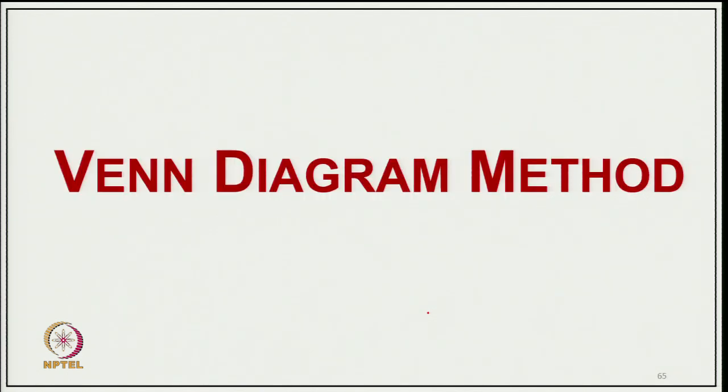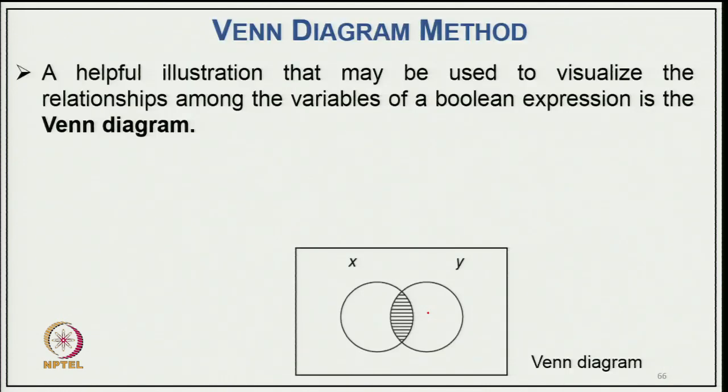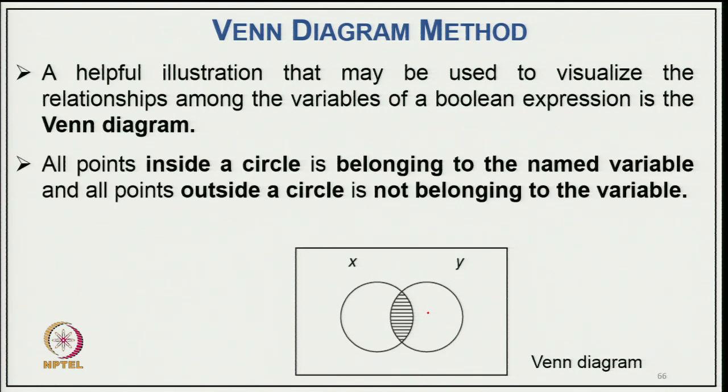We have another method, the Venn diagram method. The Venn diagram is a graphical representation, a helpful illustration that may be used to visualize the relationship among the variables of a Boolean expression. All points inside the circle belong to a named variable, and all points outside the circle do not belong to it. So, all the data within one circle is x, and all data within the other circle is y, and the outside domain typically corresponds to x 0 and y 0.